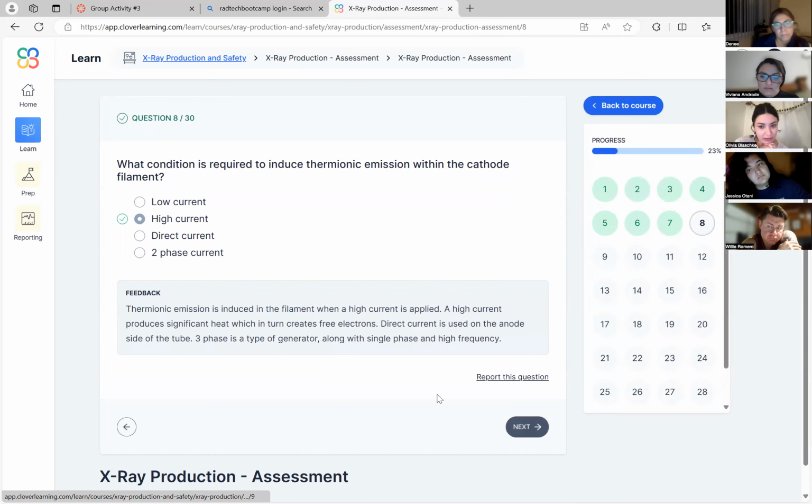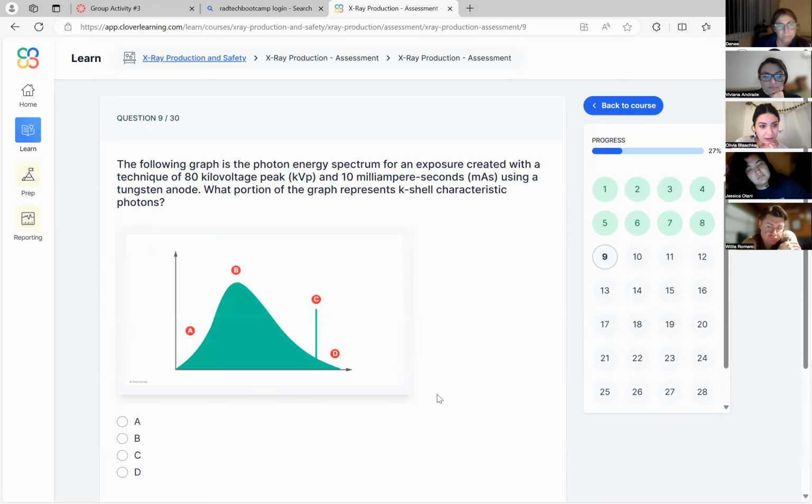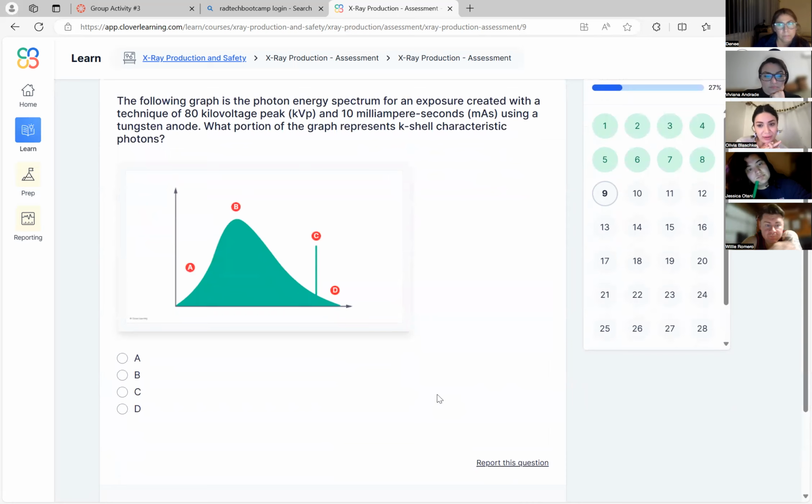Yeah. Okay, number 9. We have this lovely graph. Want to take a stab at it, Willie? Let me see. The following graph is the photon energy spectrum for an exposure created with the technique of 80 kVp and 10 mAs using a tungsten anode. What portion of the graph represents K-shell characteristic photons?